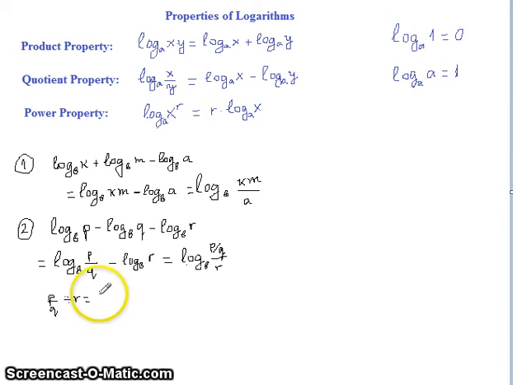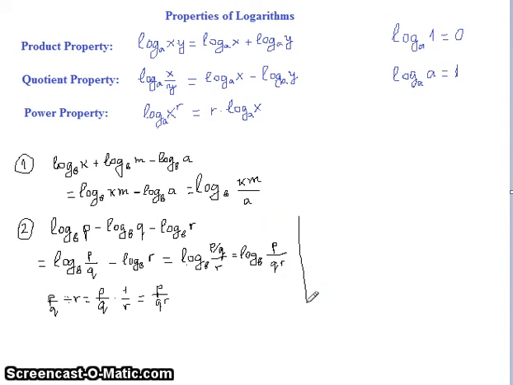So we have to multiply the first expression, p over q, by the reciprocal of the second. And the reciprocal of the second will be 1 over r. So the result will be p over qr. And we continue with the logarithm, log base b of p over qr. And this is the final answer.